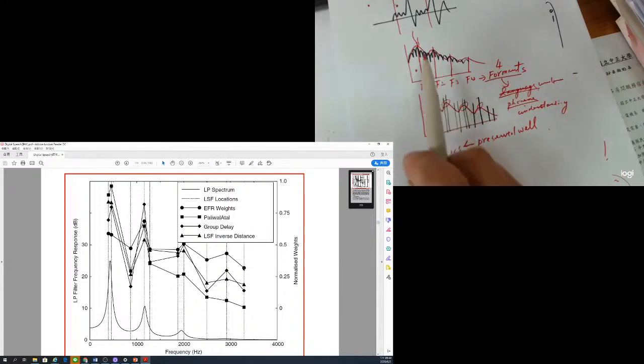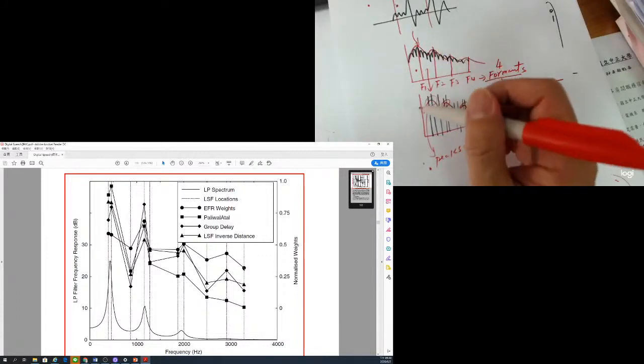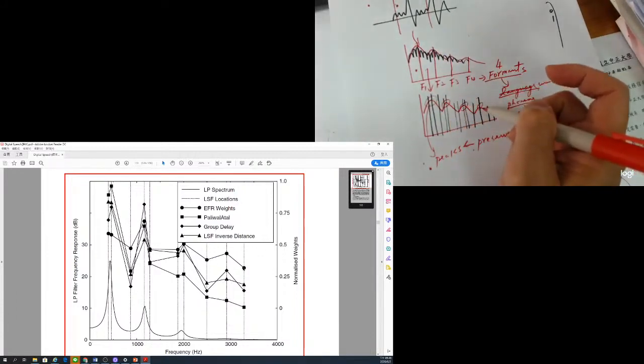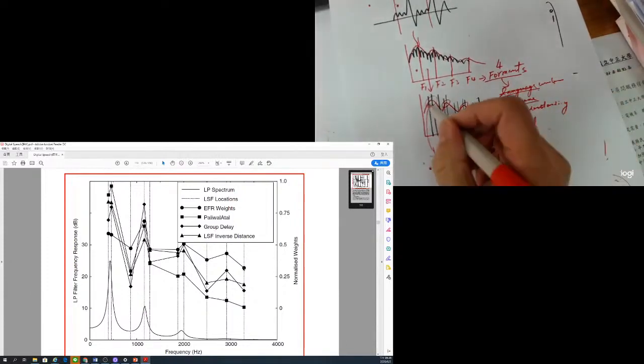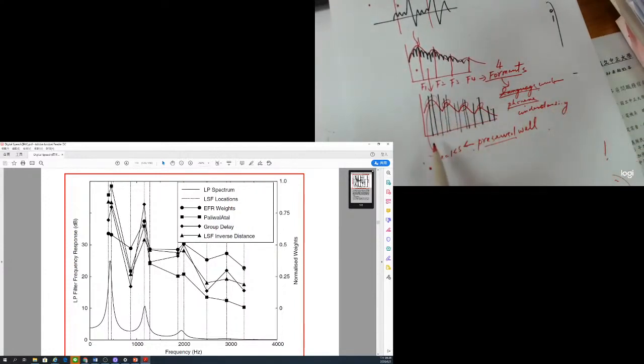So during our quantization and dequantization, we have to make sure the peak points are preserved, with no big distortion occurring on the peak points. If we find our line spectrum coefficients closely related to the first, second, third, and fourth formants, they will be given a higher weighting value.